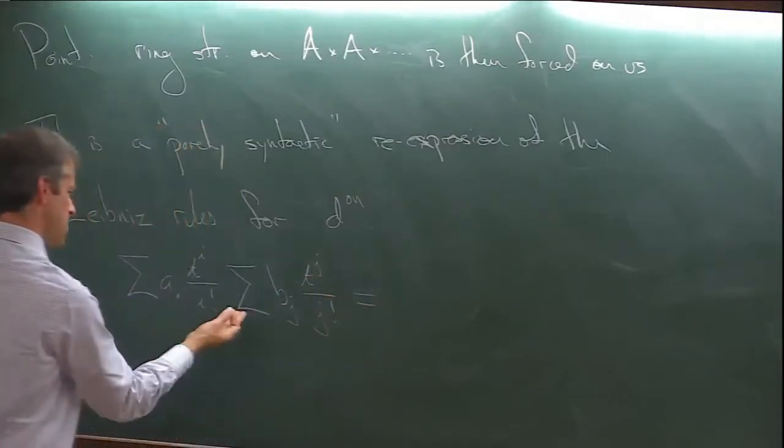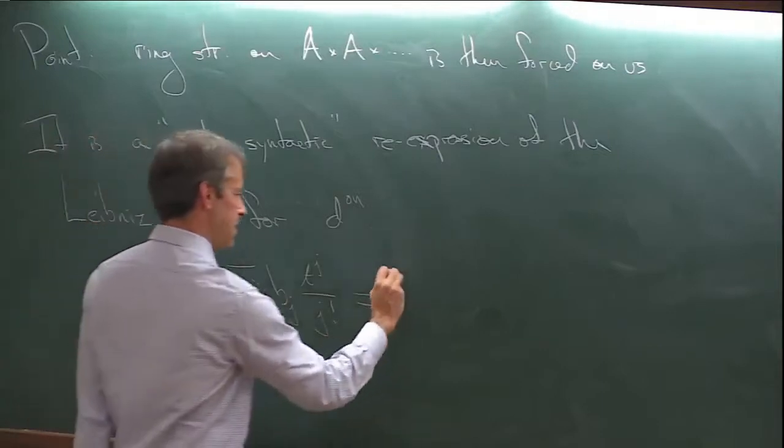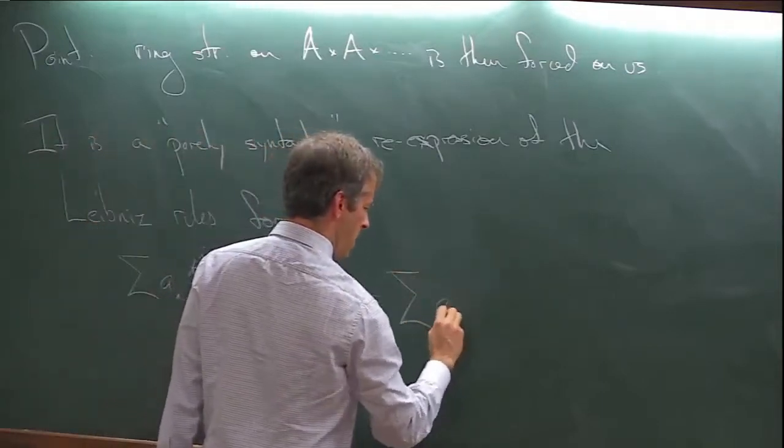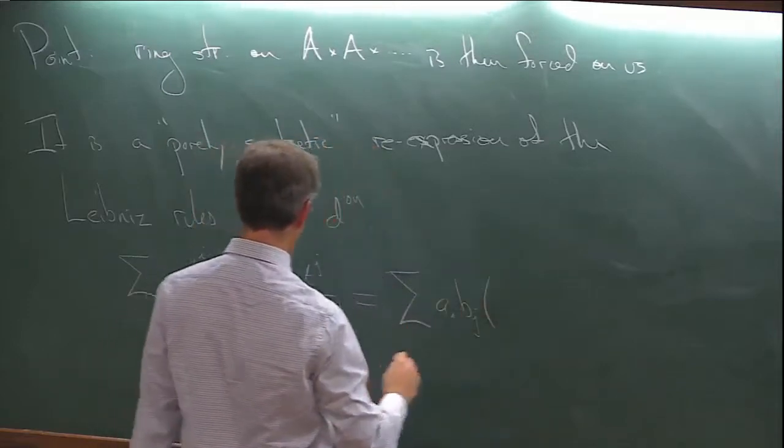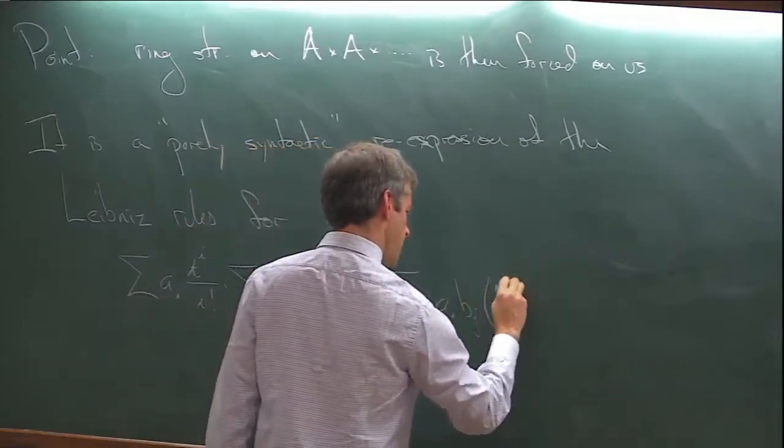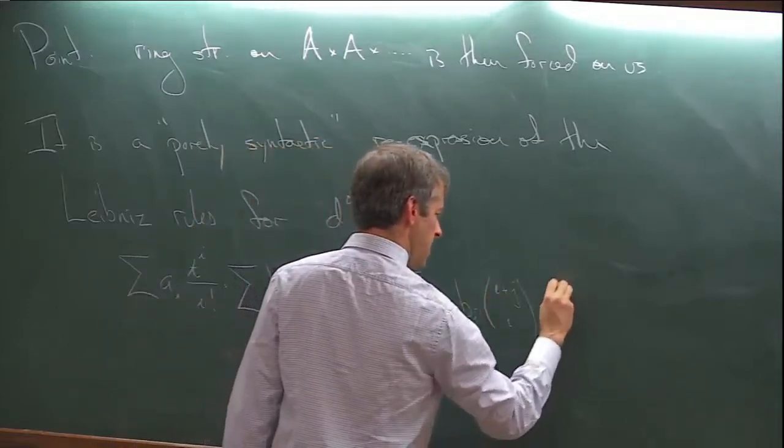If you multiply two power series, you get, and then we have our binomial coefficient.